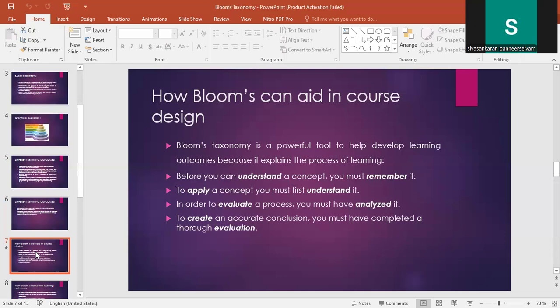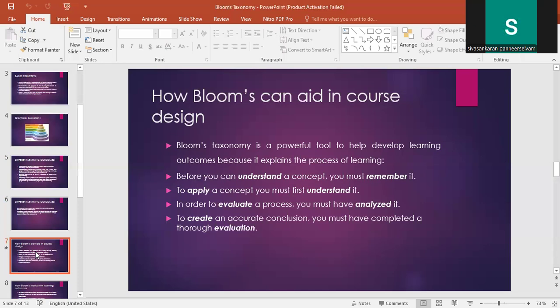Say, for example, Unit 1: what will be the course outcome of Unit 1 in a particular subject? And similarly, the course outcomes of Units 2, 3, 4, and 5.